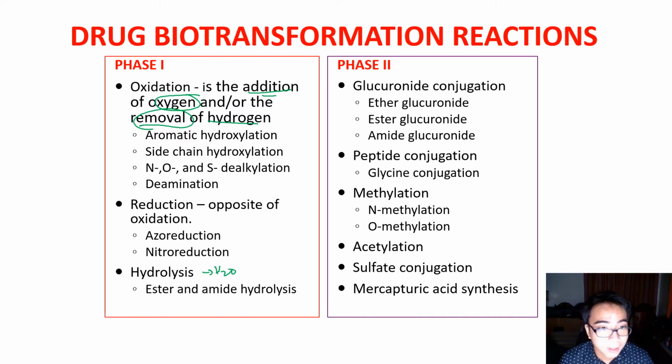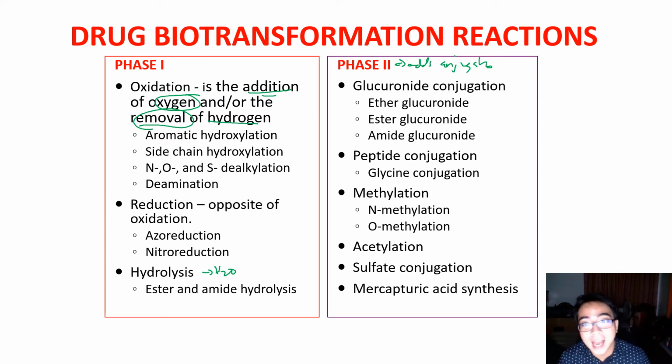Under oxidation, class, you have multiple examples here. Aromatic hydroxylation, side chain hydroxylation, N-dealkylation, deamination. While for reduction, we have azo reduction and nitro reduction. Okay, for phase 2, on the other hand, class, this one simply adds conjugates.